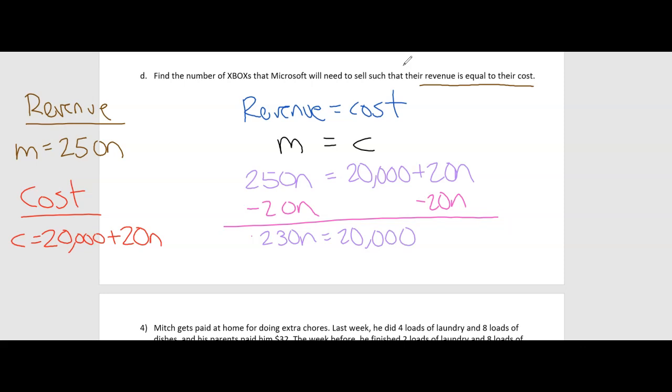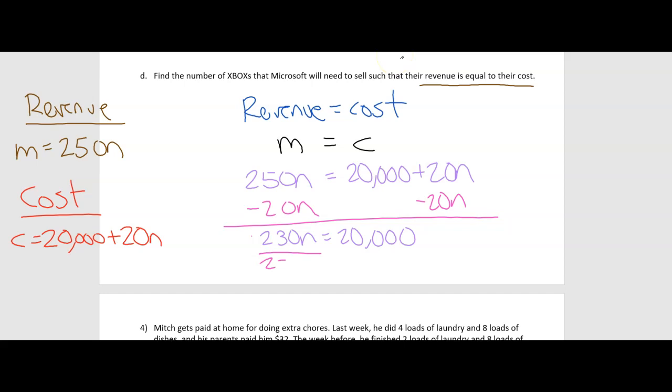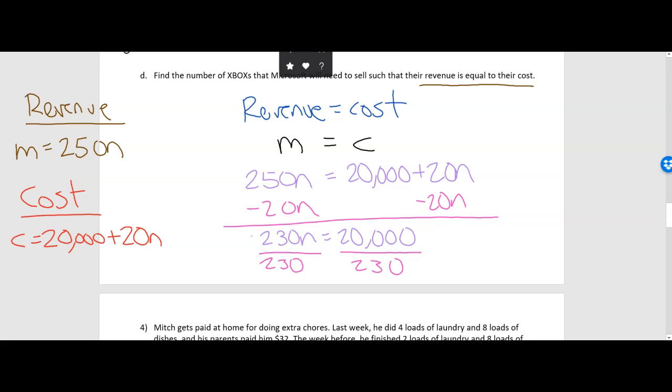And I'm going to divide both sides by 230. And you actually don't get a whole number here. You get N is approximately equal to 86.96.